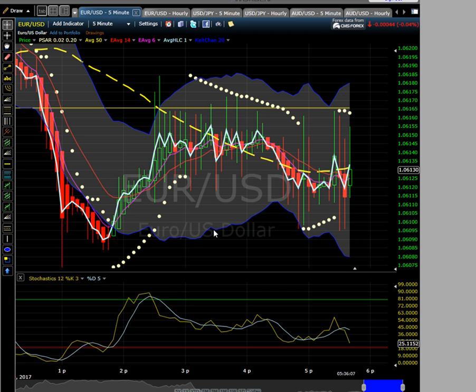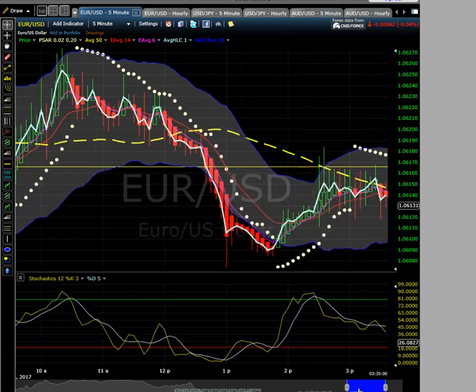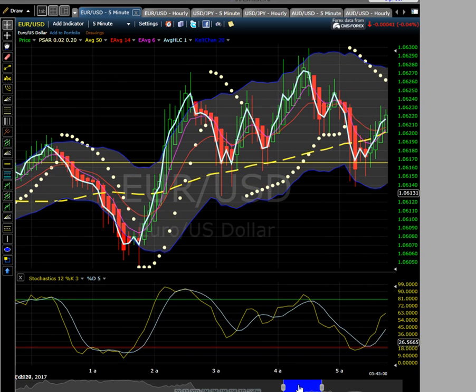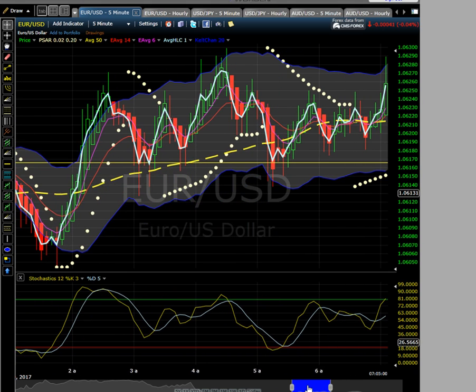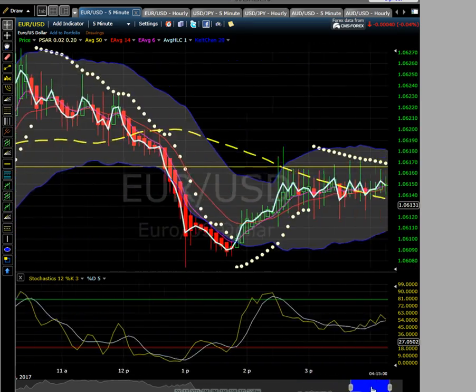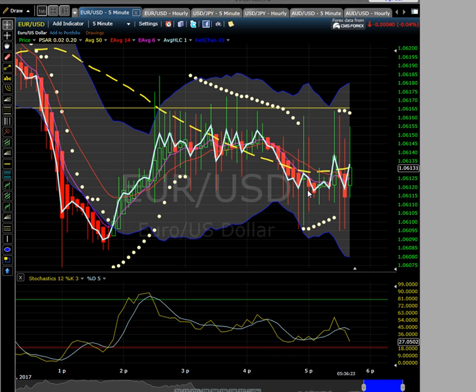Things just weren't reacting normally. If you scroll back a little bit, you'll see it's a little bit smoother. It's a whole bunch of choppiness, and it really has something to do with the U.S. session being closed. Once it opens back up again, the markets will probably go back to normal. They'll start trending, and they'll start moving strongly in different directions.